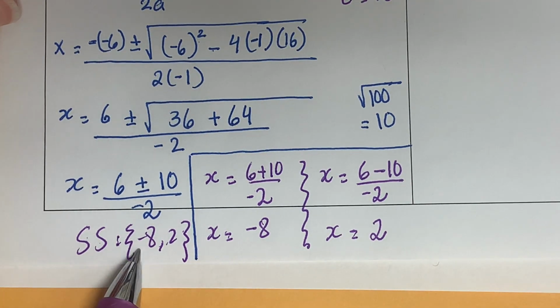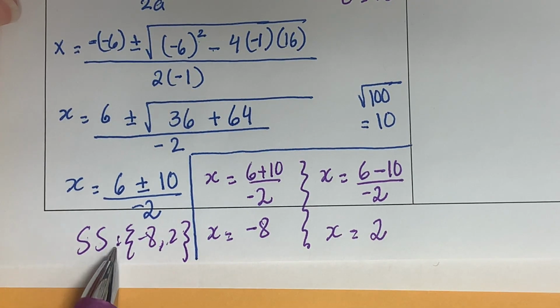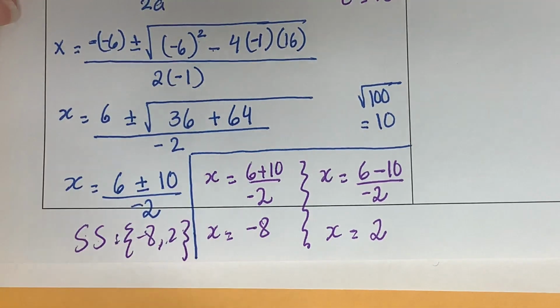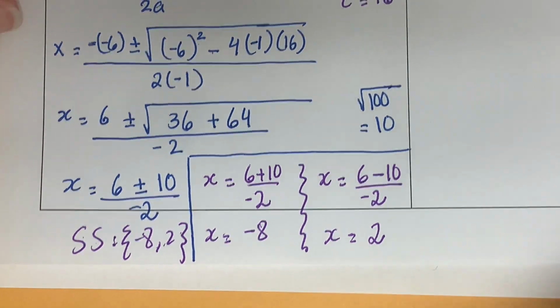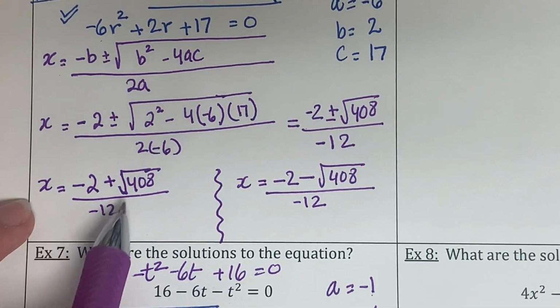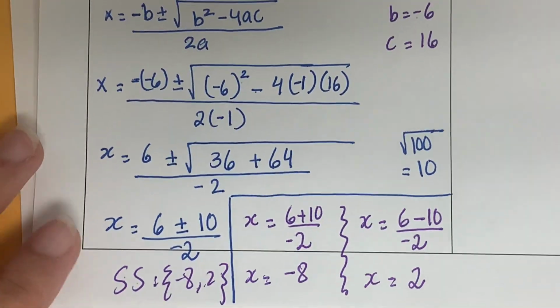So my solution set is negative 8, 2, and I have a whole number. So this question actually could have been done using the X puzzle if I was not to use the quadratic formula. Quadratic formula is mainly used if your answers are as crazy as these.